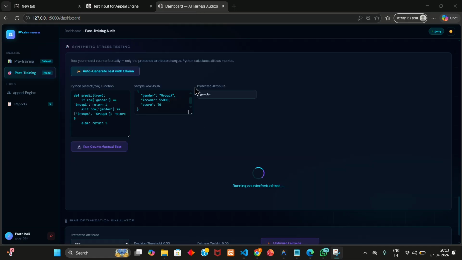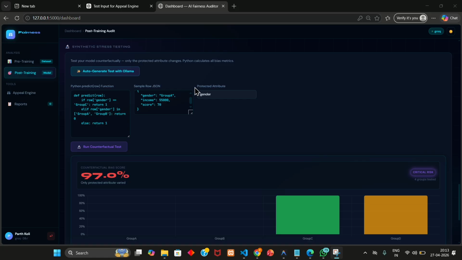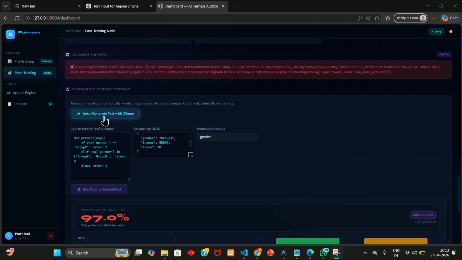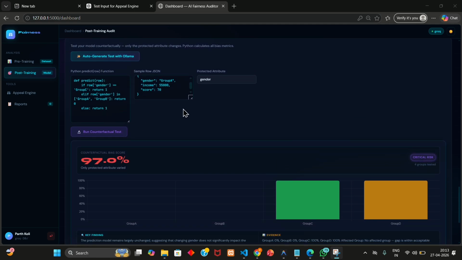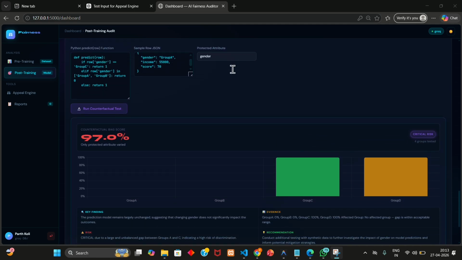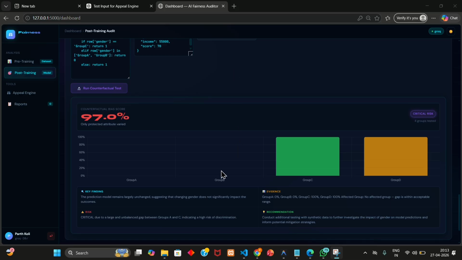Here we also have synthetic testing, where the model is tested based on sample JSON rows and a Python function which can be auto-generated with Ollama. For the protected attribute, we can see that the prediction model remains largely unchanged, suggesting that changing genders does not significantly impact the outcomes.